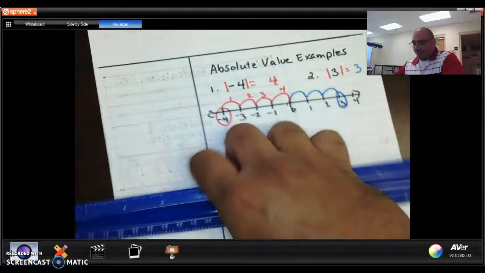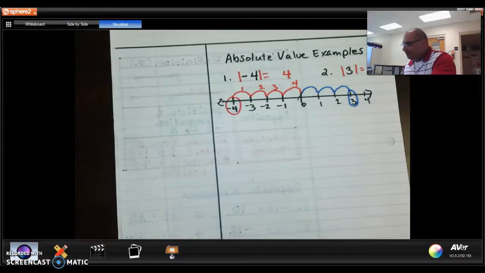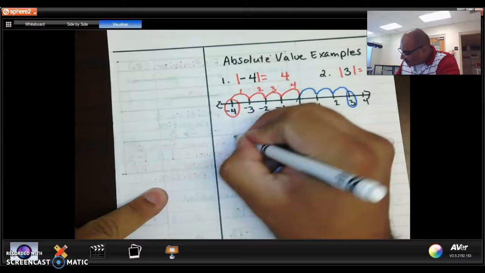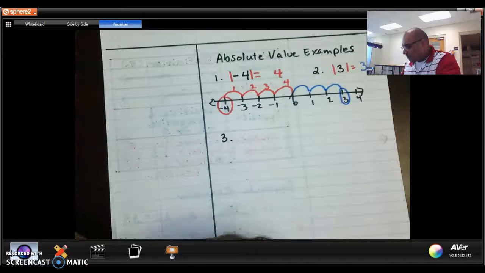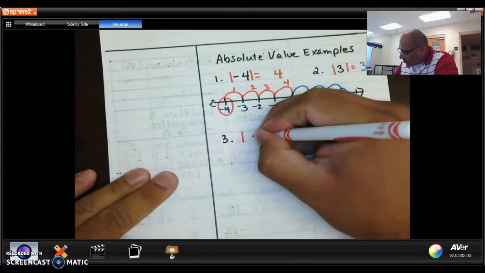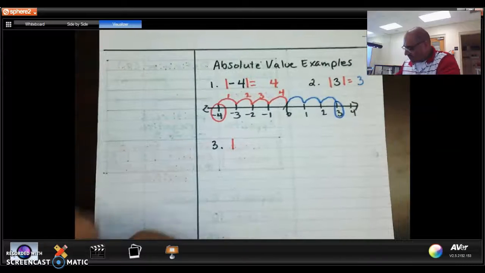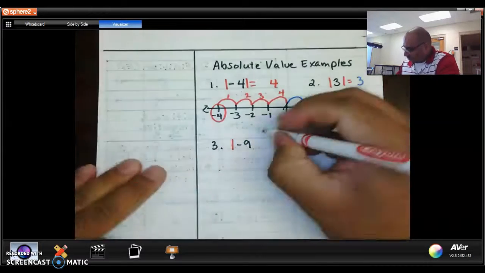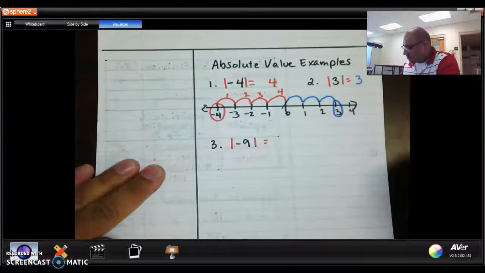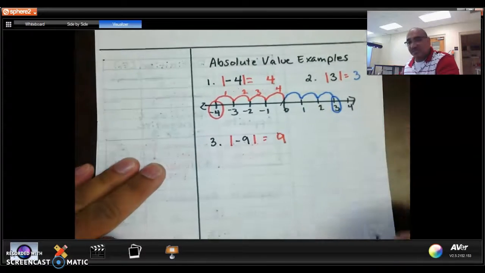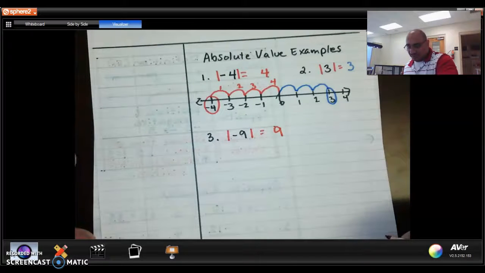So another example, we're going to do the absolute value of -9. I'm not going to draw a number line this time. The absolute value of -9 is 9 because it's 9 spaces away from 0.